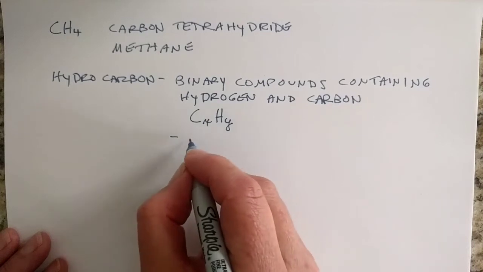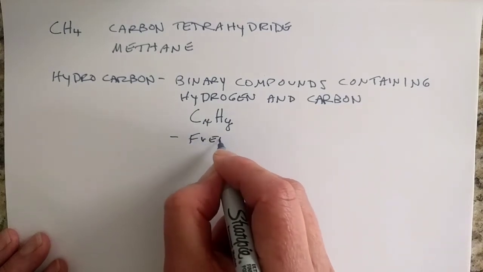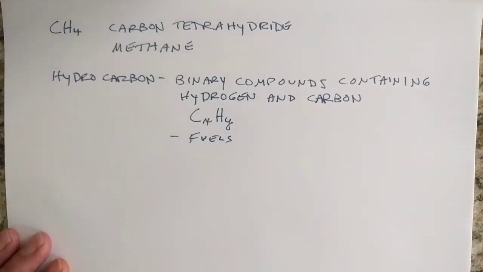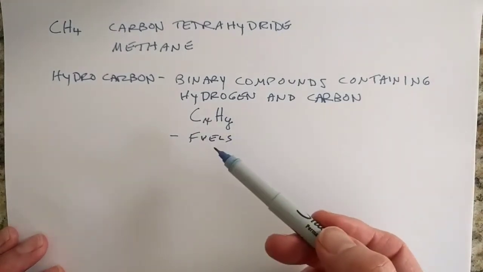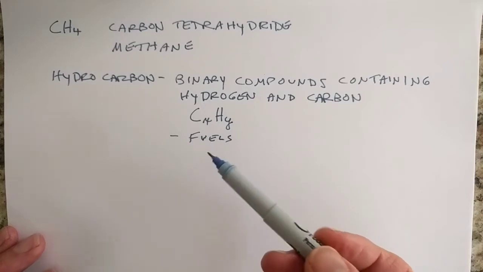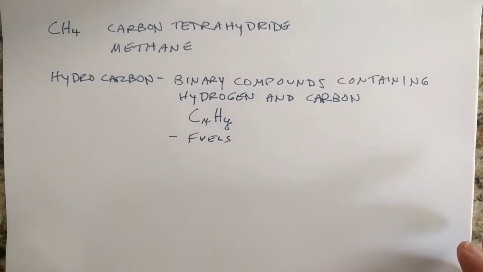All of our hydrocarbons are fuels. They undergo combustion reactions. So you burn your fuels, and if we get complete combustion, we get carbon dioxide and water vapor and energy from that reaction. So hydrocarbons produce energy when they are burned.